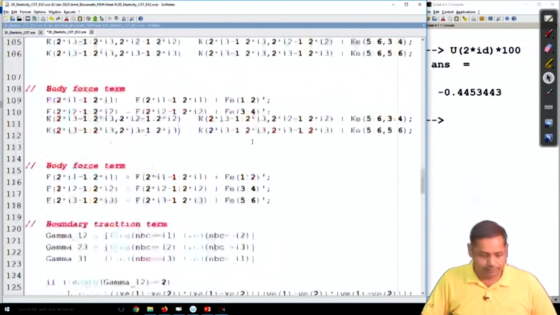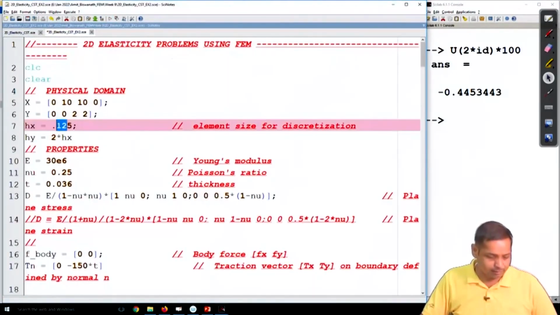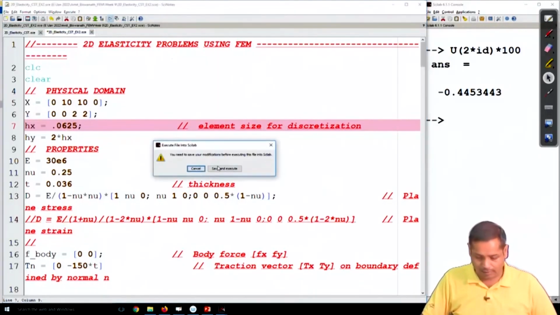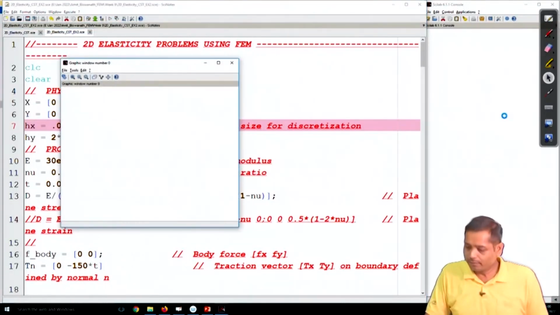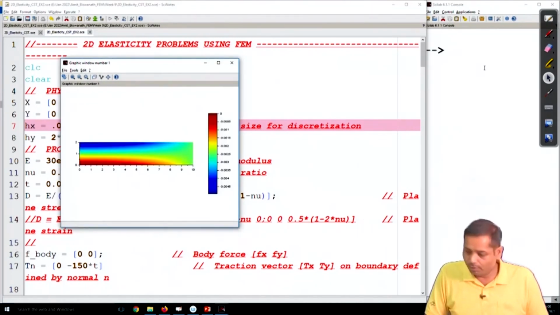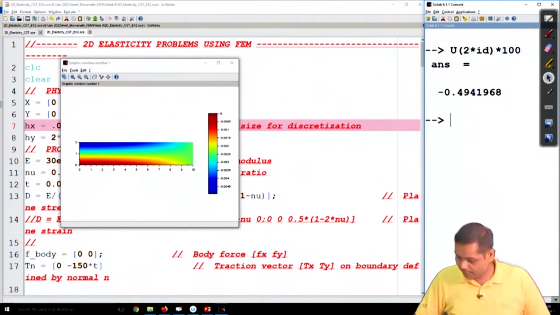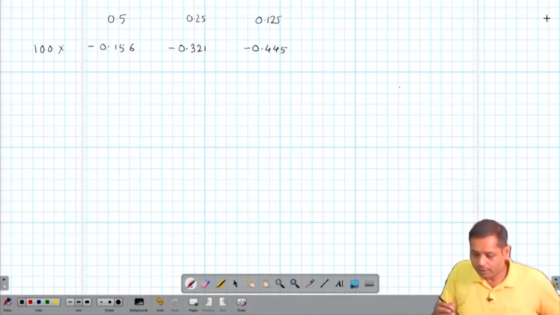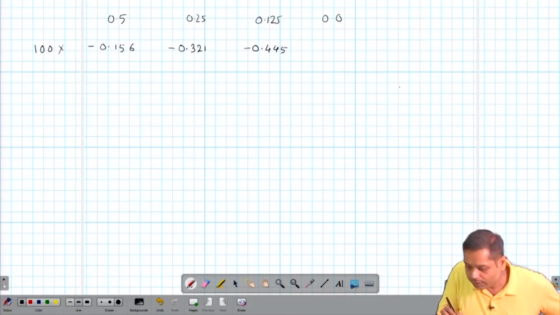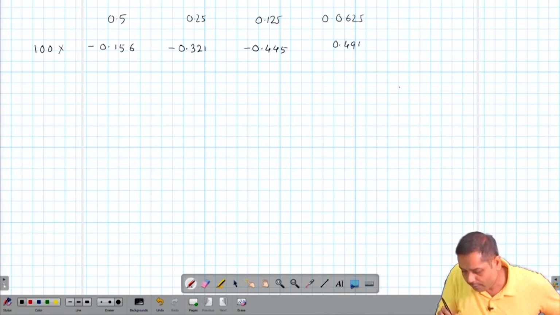Okay. Let us further divide it. Let us make it 0.0625. Yeah, this is the plot. Then u will be 0.494. So we have 0.0625. This is 0.494.